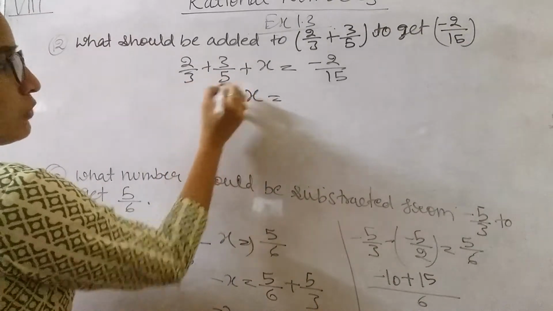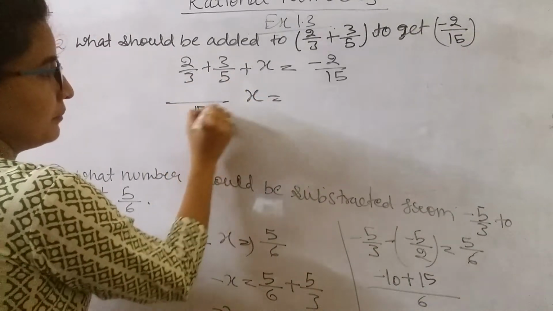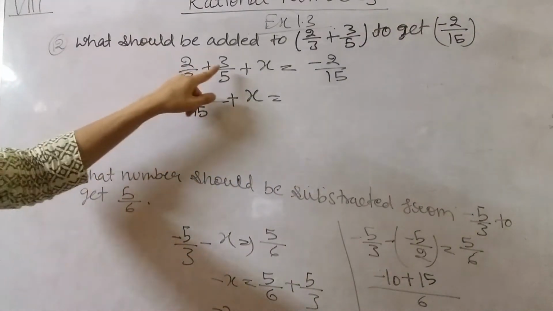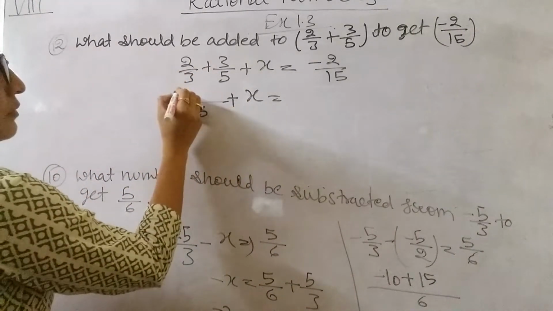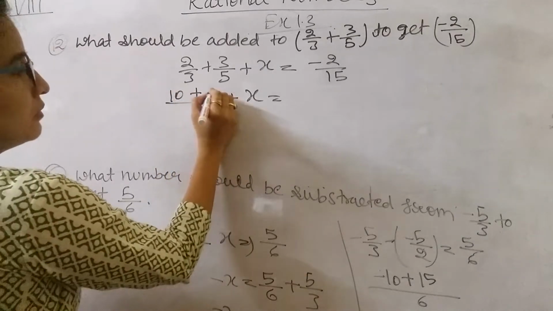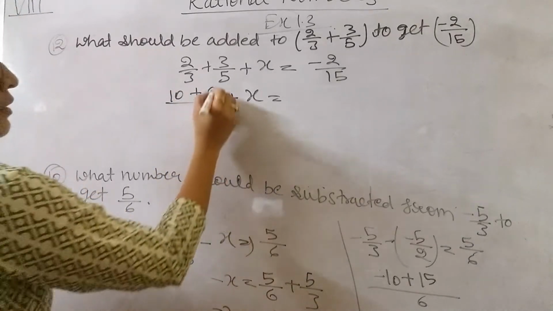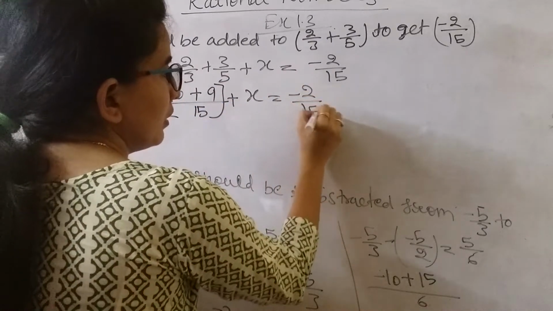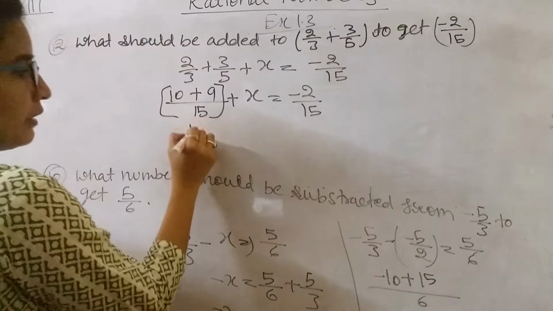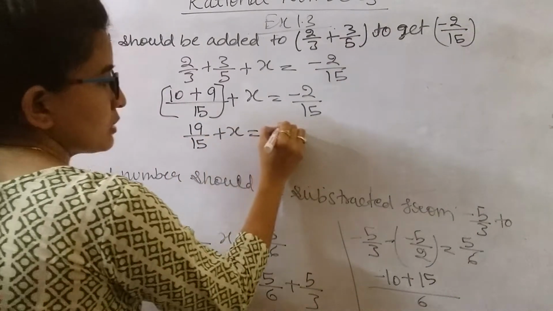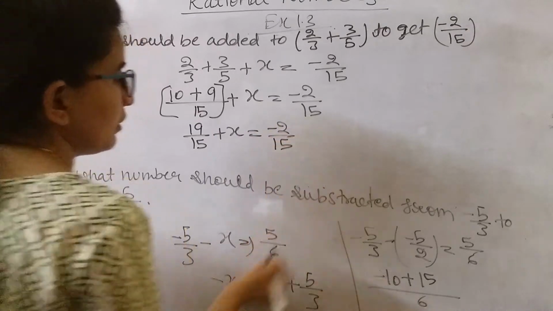We will take LCM of 3 and 5, that will be 15, and on the above hand side we will get 10 plus 9. And this will become 19 upon 15 plus x equals to minus 2 upon 15.